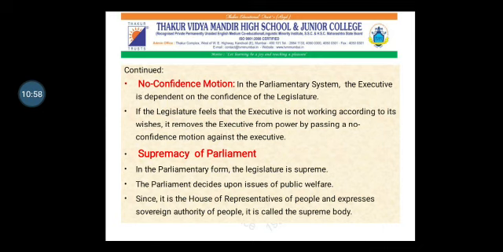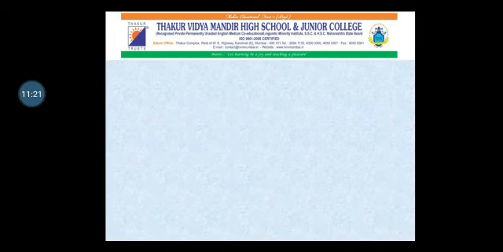Since it is the house of representatives of people, means in both the houses, the people who are elected by the people, they are the representatives of the people and they express sovereign authority of people. That is why Parliament is called the supreme body.